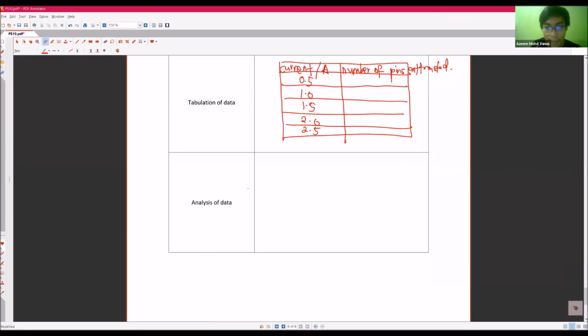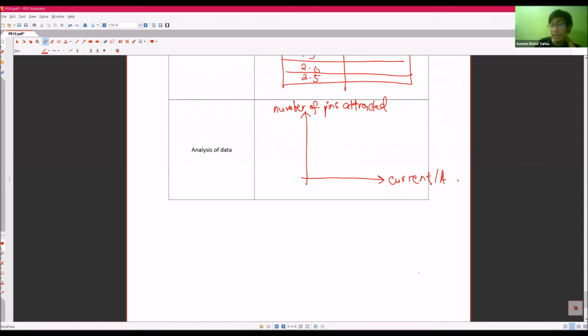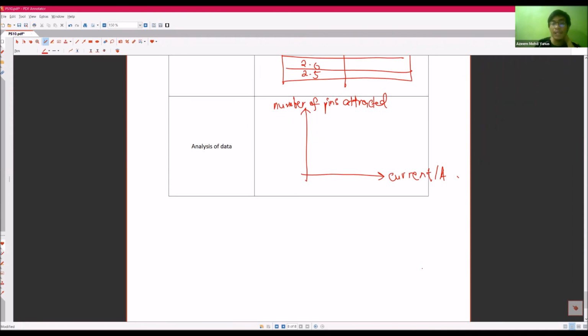Analysis of data: number of pins attracted against current, with unit. Okay, so this question is quite simple. Let's see what other types of experiment share the same experimental setup as this one. There are other factors affecting the strength of electromagnet.